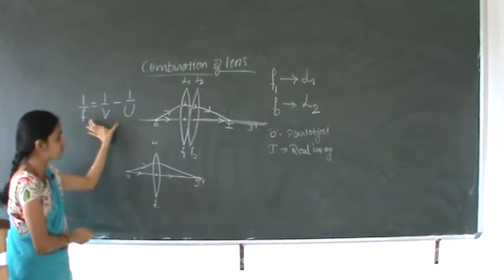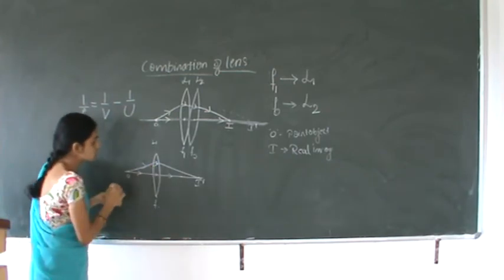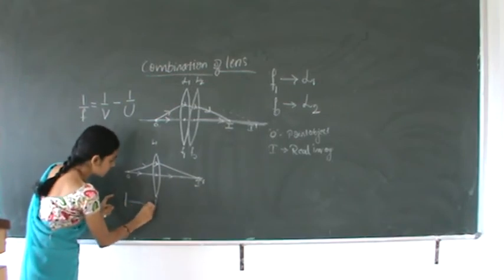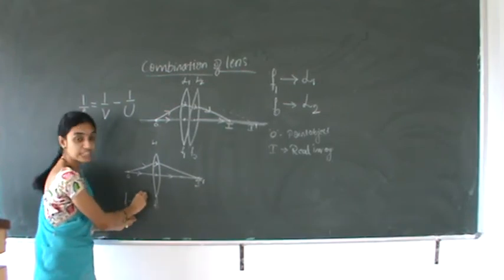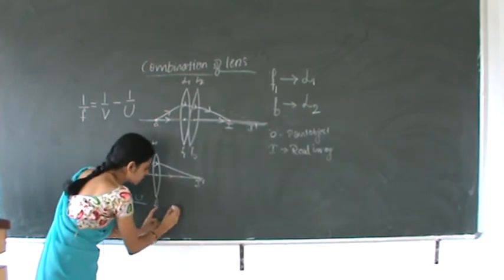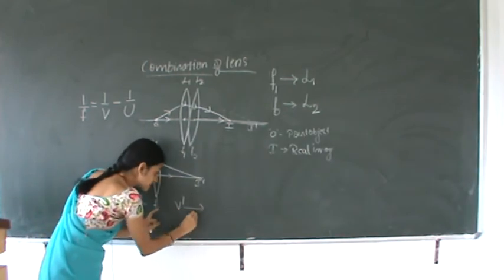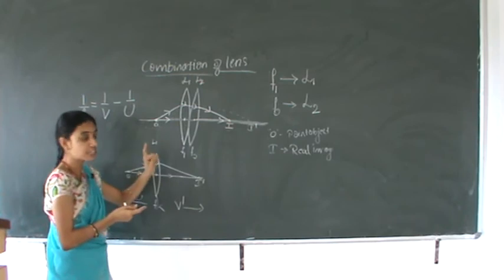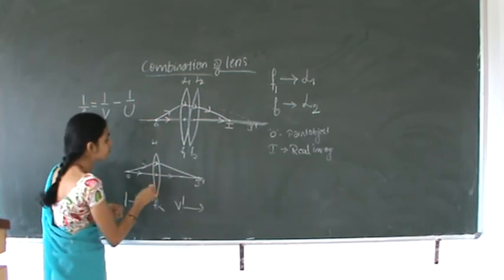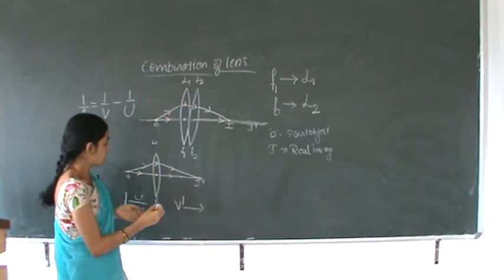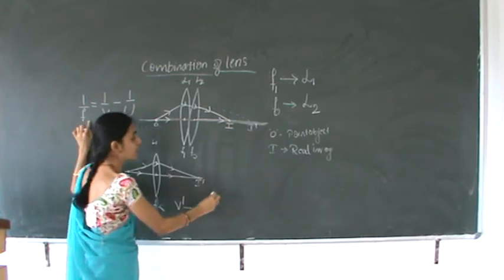Directly I am going to use the thin lens formula. If I use this equation, what will I get? From here to here is the object distance u, and from here to here is the image distance v dash. That's the first image of the first lens, and f1 is the focal length.